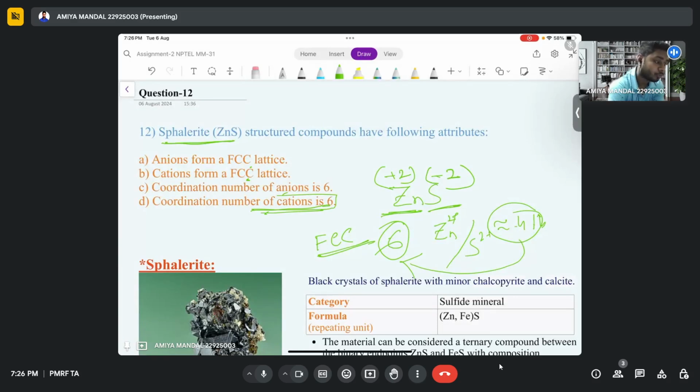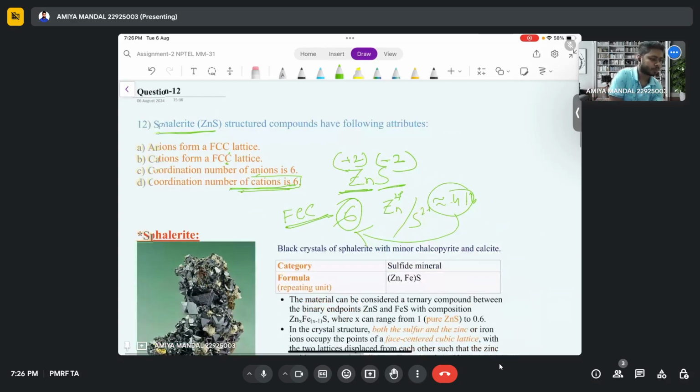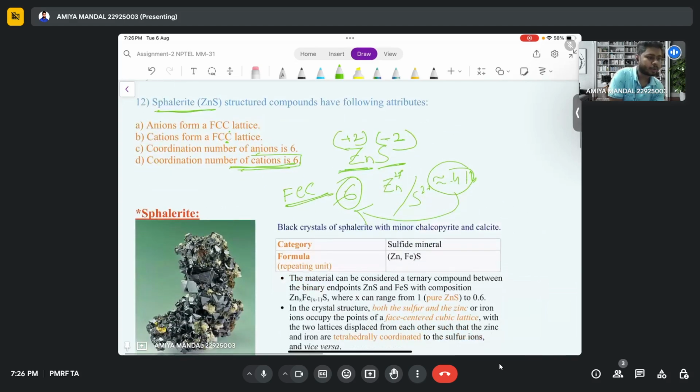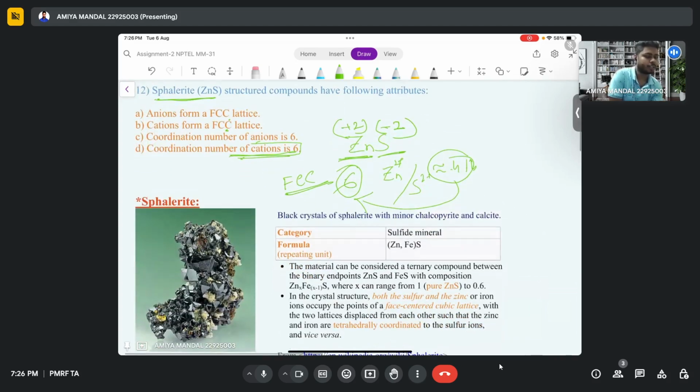We have to see the figures also, and what the orientation of anion and cation is, and how they are oriented in the face centered cubic lattice.